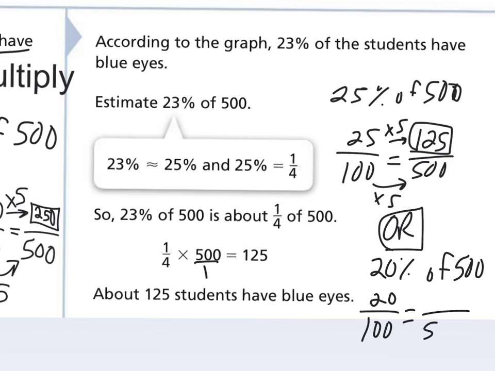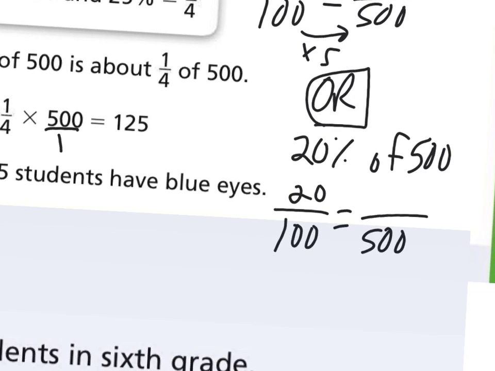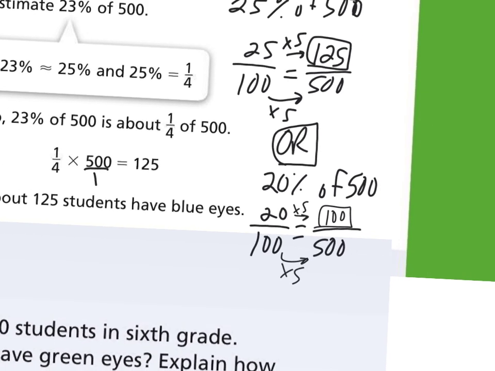And since the numbers work nicely, to me it's maybe just as easy doing proportions on this one anyway. And then that would be 100. So we could estimate it as either 100 people or 125. Understand the actual answer is going to be somewhere in between those two, because 23% is in between 20% and 25%.